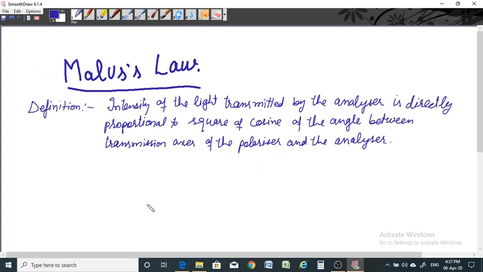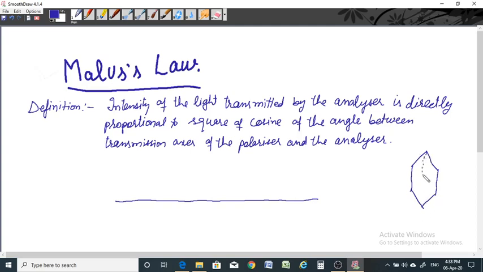Now we will draw its diagram. Suppose this is the main line, and suppose the light is polarized like this. This is the Polaroid, which is a tourmaline crystal.